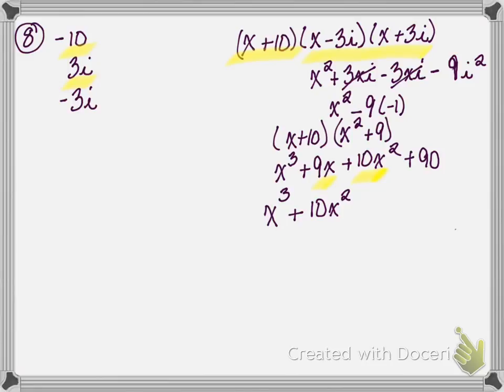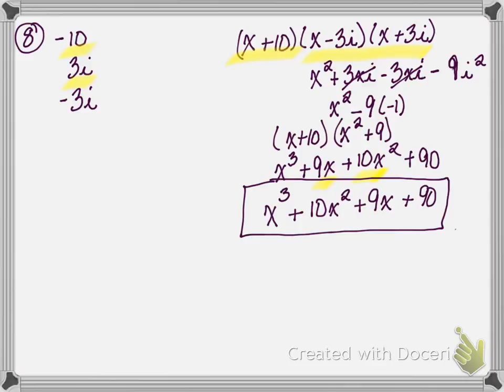So you typically see your exponents associated with x going down. So our next one would be 9x, and our final one would be 90. So this right here, x to the third power plus 10x squared plus 9x plus 90, that is our final answer for this problem.